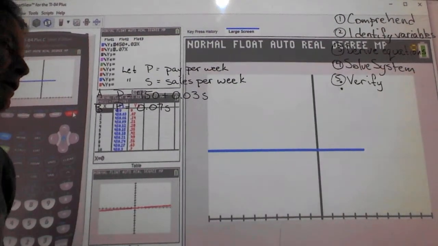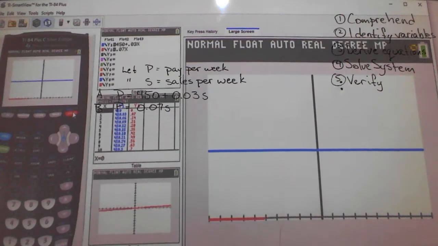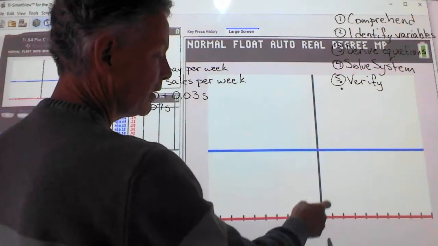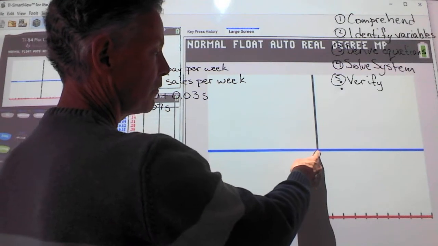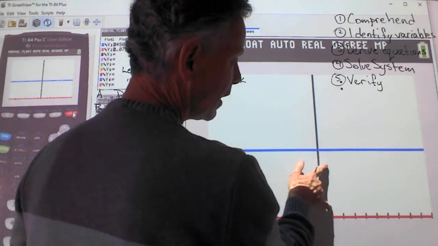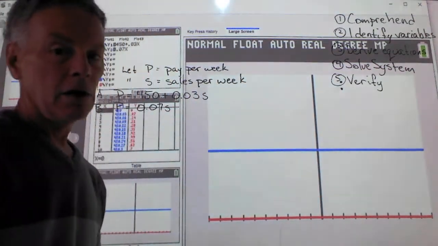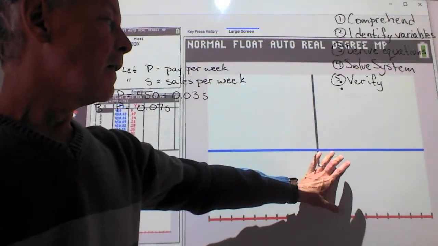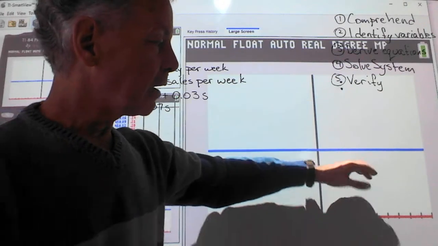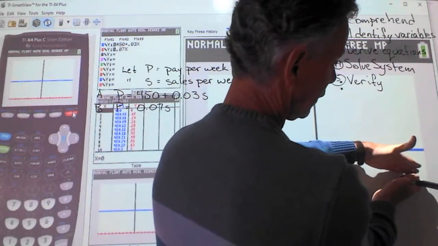Now we'll probably be able to see both lines, and we can see them now. There's our plan B, which crosses at 450. These lines almost seem to be parallel. Now they're not really parallel, but they will slowly get closer and closer together on this side.